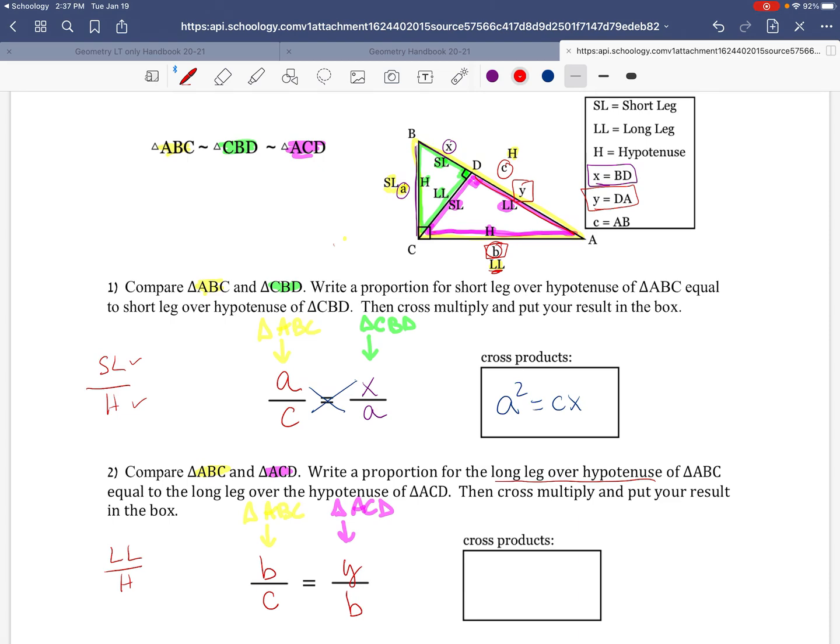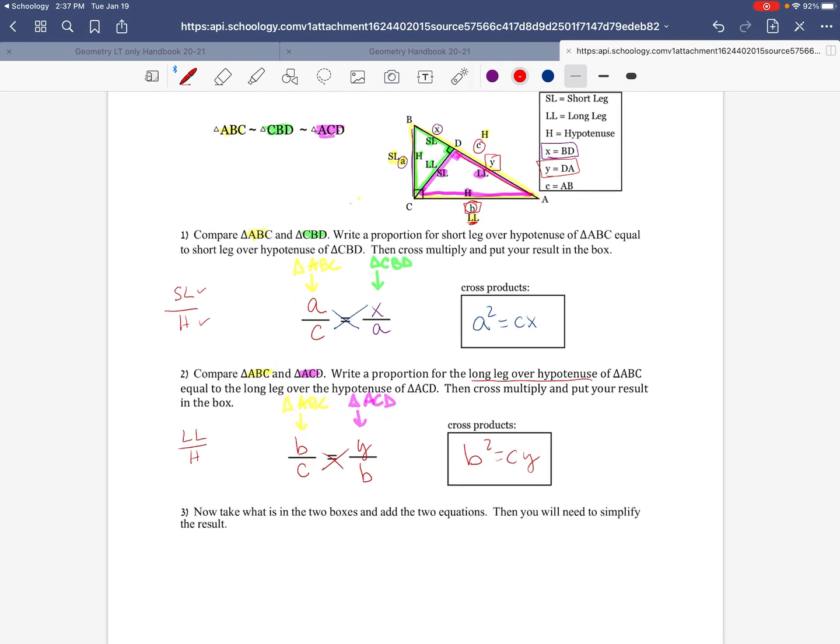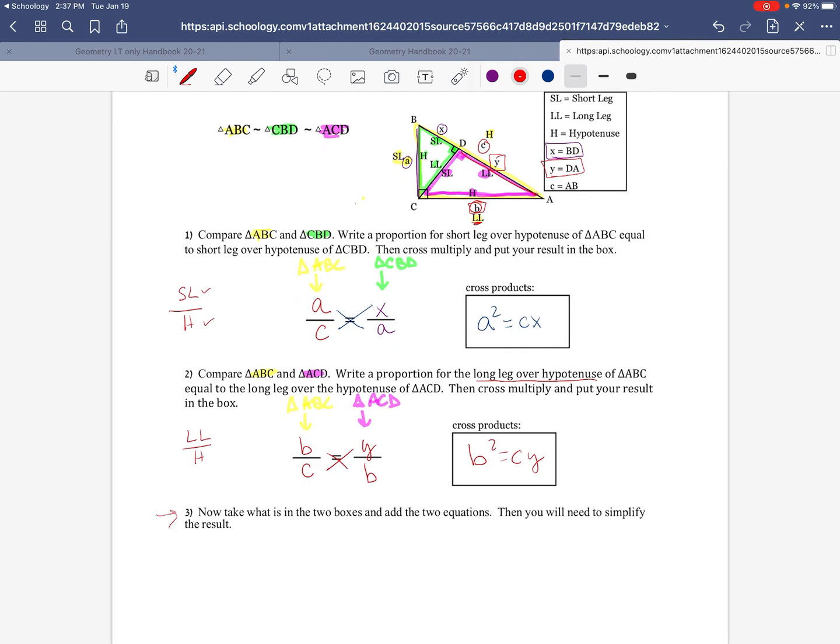Then cross multiply and put your results in the box. So I'm going to multiply across, and I get b squared is equal to cy. Now take what is in the two boxes and add the two equations. Then you will need to simplify the results.